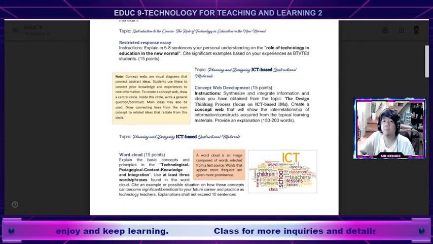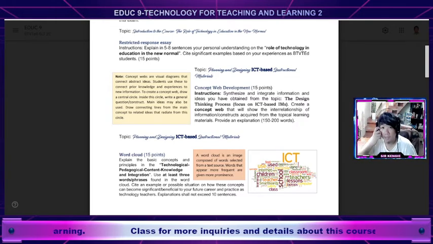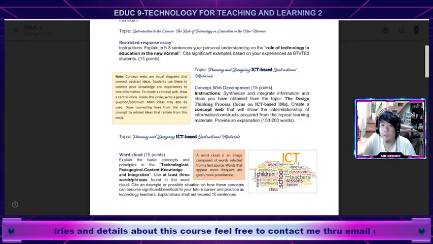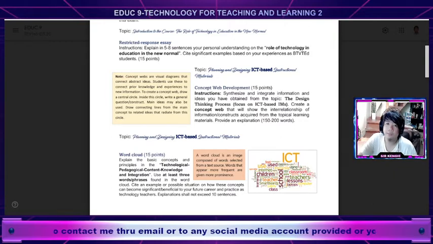Class, can you still remember the 5 stages of design thinking? Here, in this topic, you are on the ideation or ideate stage, which is the third stage in design thinking, wherein you generate and come up with ideas.